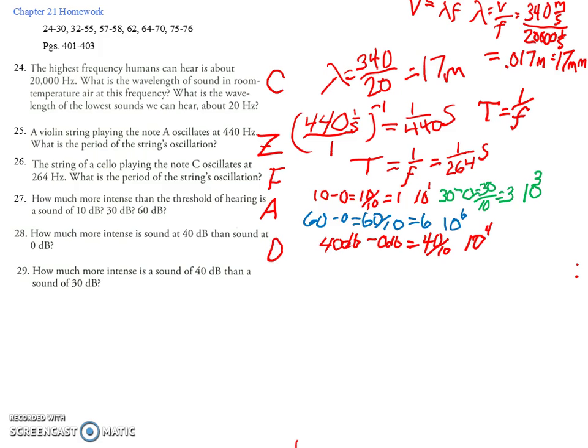29, how much more intense is the sound of 40 decibels than 30? So we take 40, subtract off the 30, that equals 10.